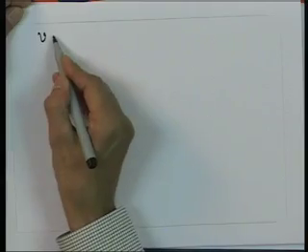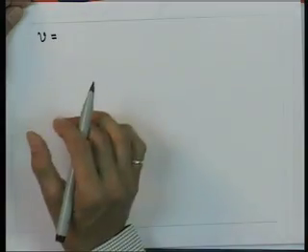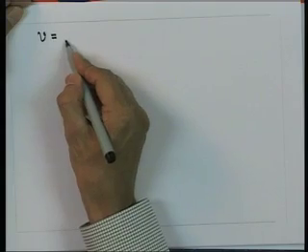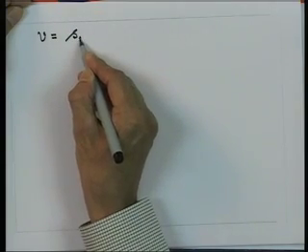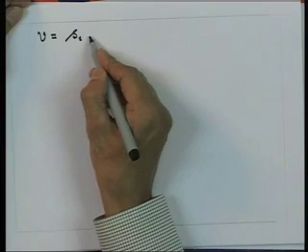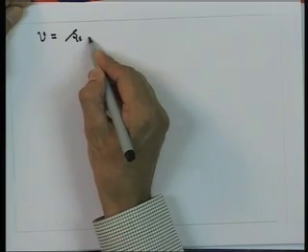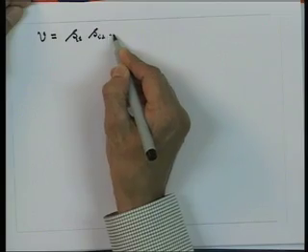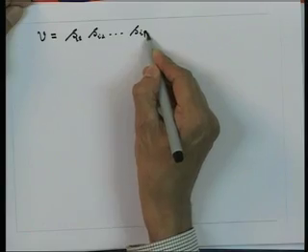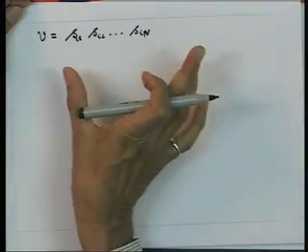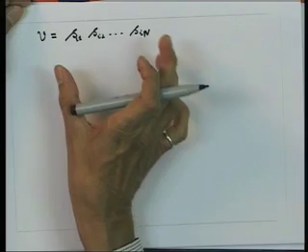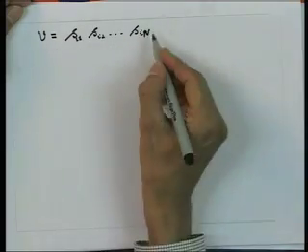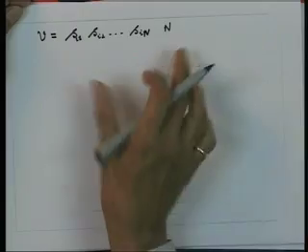Let us assume that I have a message V which is composed of n symbols of this Markov process. So, I have Si1, Si2 up to SiN, capital N. So, I assume that I have messages now of N symbols.